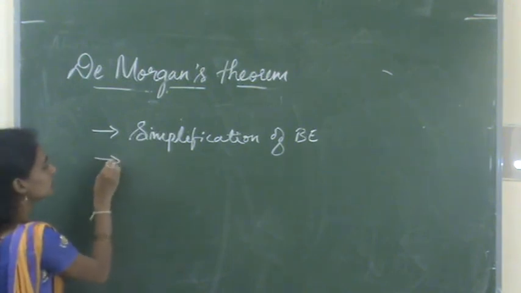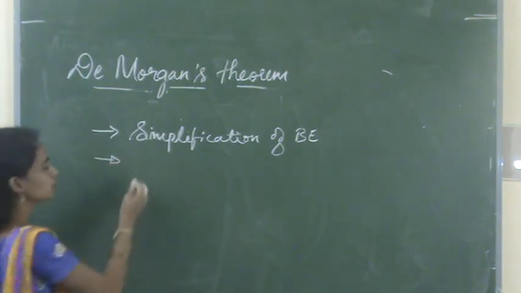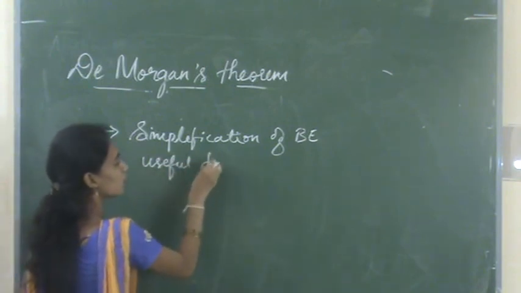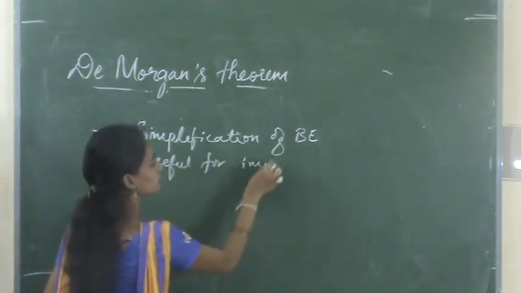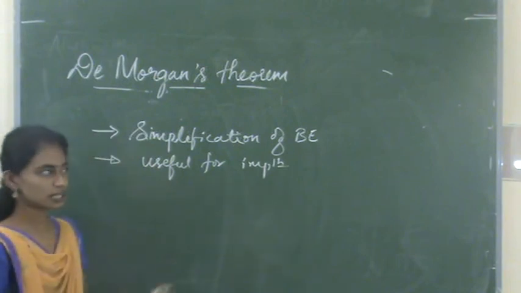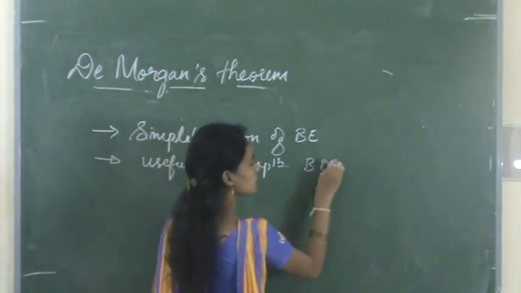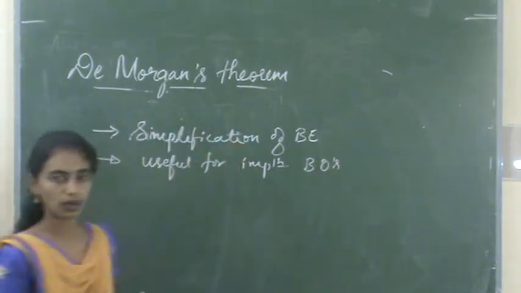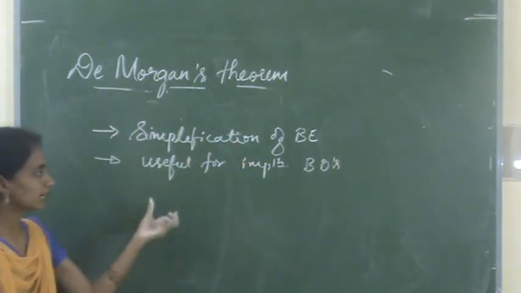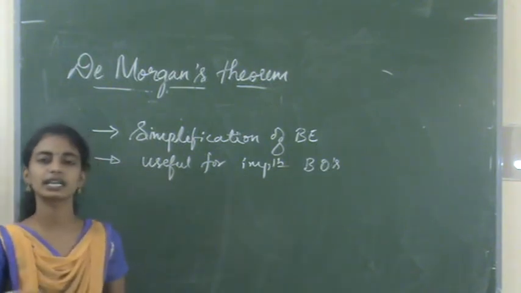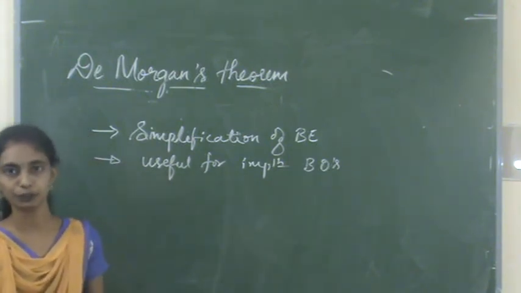And this De Morgan's theorem is useful for implementing the basic operations. Okay, so we have AND, OR basic gates, right? So those basic gates will be applied, and then we can make them into alternative gates.